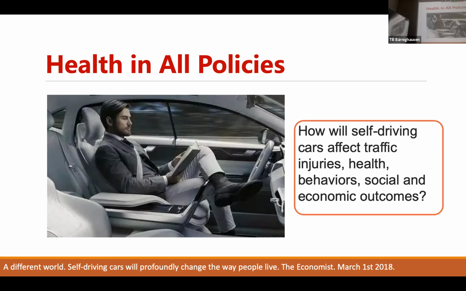And also social and economic outcomes can be affected by technology, such as self-driving cars. And this is just one example under the topic of health in all policies. But it is very interesting to infuse a health dimension into these policies and explore the causal relationships of how different policies in other sectors affect healthcare and health.